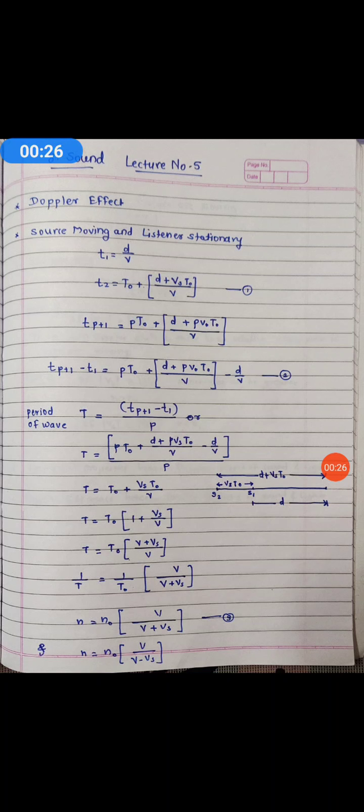Okay. First we have to know what is the Doppler effect. We are going to learn through the example. While a train is approaching the station, notice the distinct change in the pitch of the sound of its whistle.